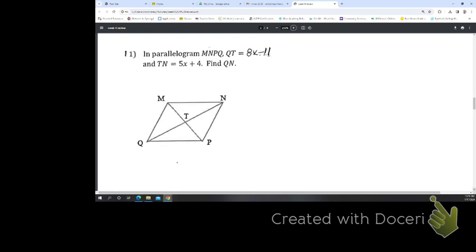For number 11, we have our parallelogram. We are told that QT is equal to 8x minus 11. So I'm going to put that on my graph, QT 8x minus 11. And then we are told that TN is 5x plus 4.